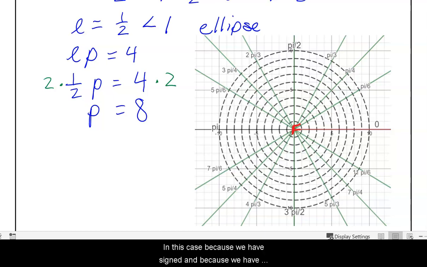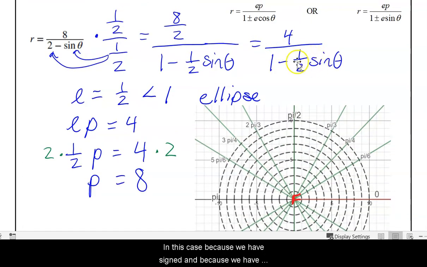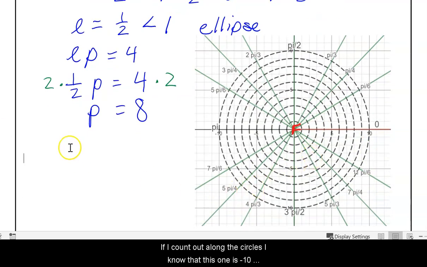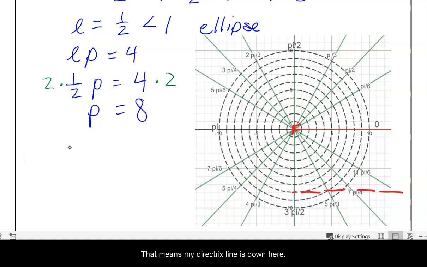In this case, because we have sine and because we have a negative here and the focal parameter is positive, we know the directrix line must be below the pole and at a distance of 8. If I count out along these circles, I know that this one is -10, which must mean this one is 8. That means my directrix line is down here.